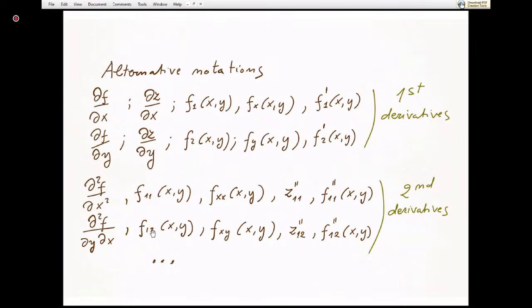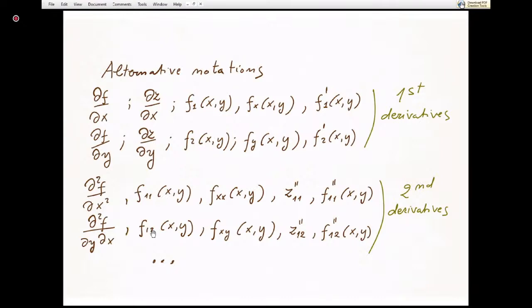So for instance, f12 means the first time it is differentiated with respect to its first argument, the second time with respect to its second argument. This is more useful when you don't want to call the arguments x and y, but you have a more general structure. This is an alternative notation.